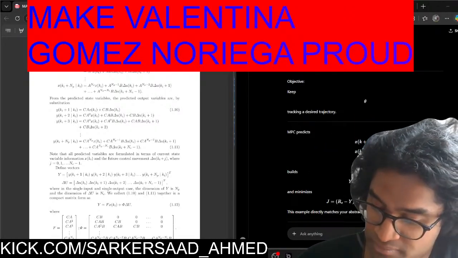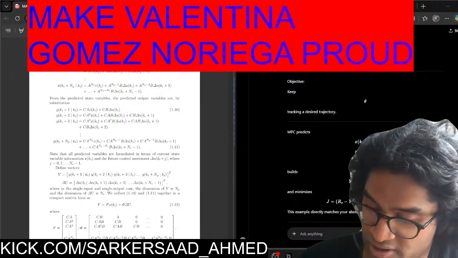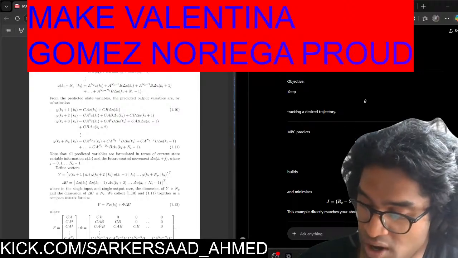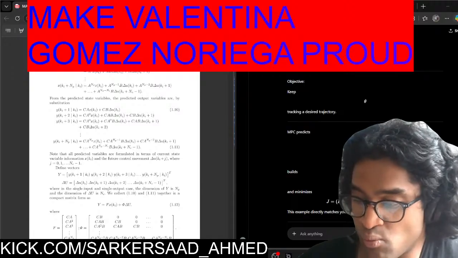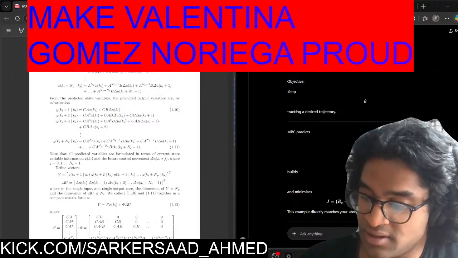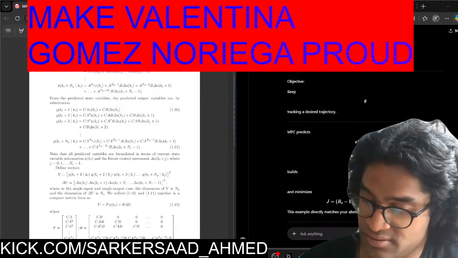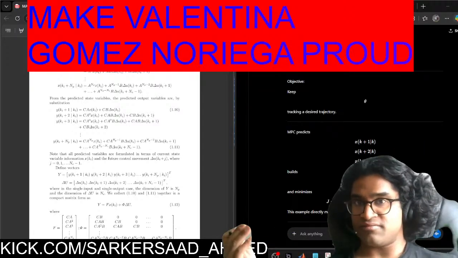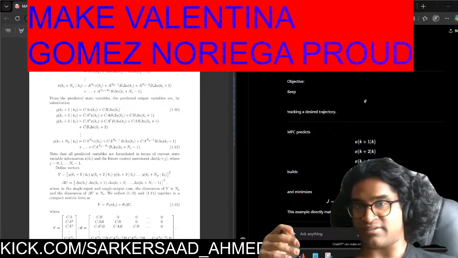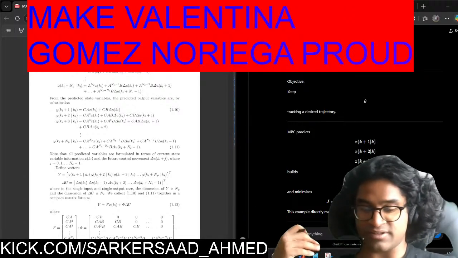For every step, you're going to have x of t is equal to Ax of t plus B delta u of t. So this means that's for the first vector, then for the second vector, then for the third, the fourth, and the fifth.